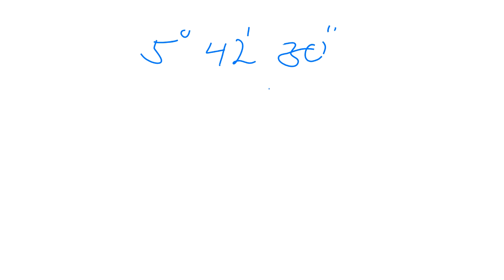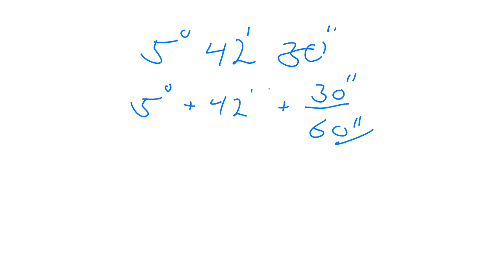So we'll have 5 degrees plus 42 minutes plus 30 over 60, that's 30 seconds over 60 seconds per minute, and the units cancel. So that's 0.5.